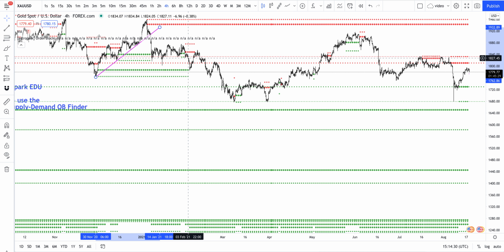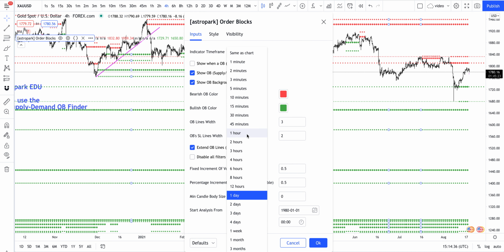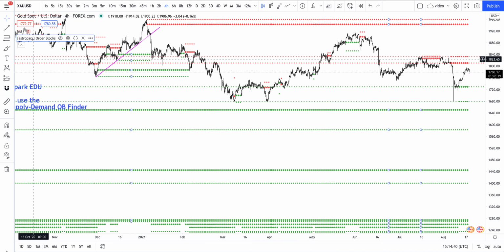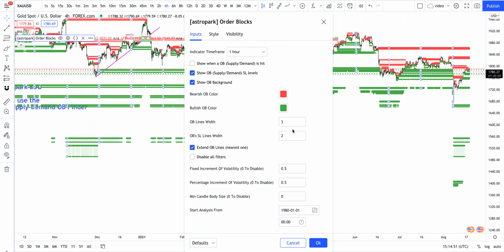Okay, in this case, let's move to another chart and asset. So for example, now I'm displaying 1 hour zones on 4 hours. In this case, I really don't suggest doing it, because you are on 4 hours and you are seeing 1 hour zones.